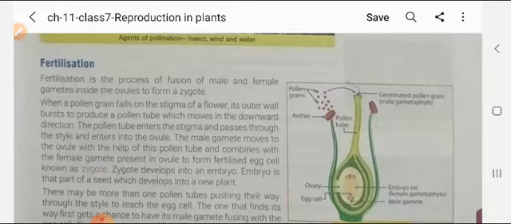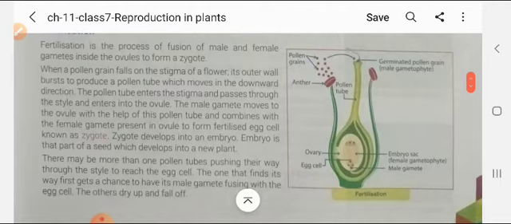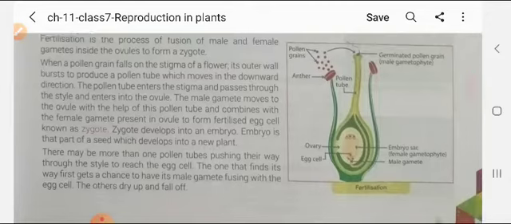So when a pollen grain falls on the stigma of a flower, its outer wall bursts open to produce a pollen tube, which moves in a downward direction.